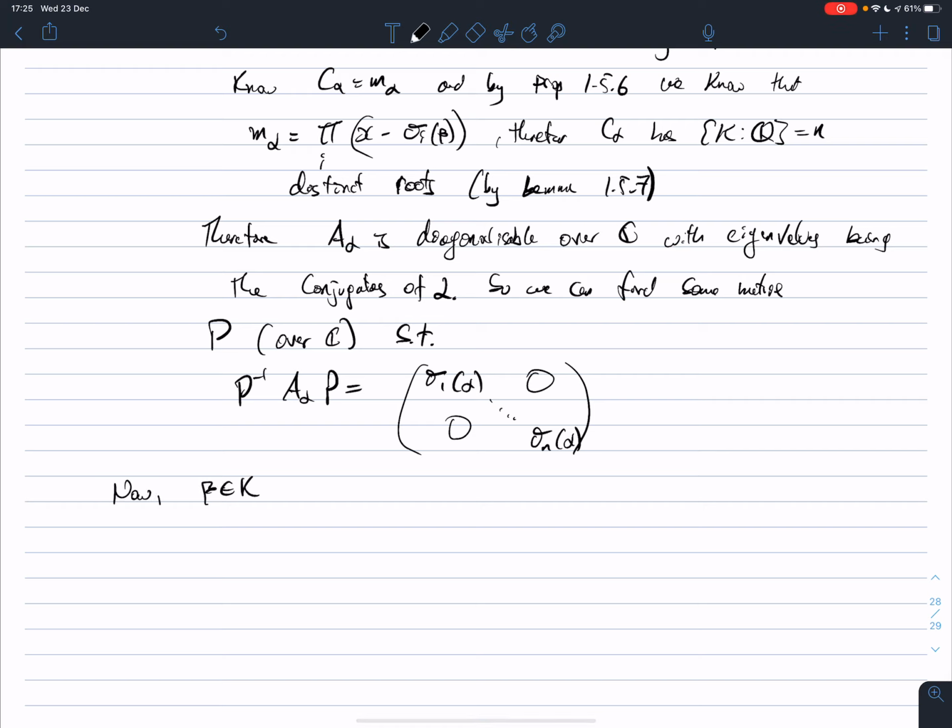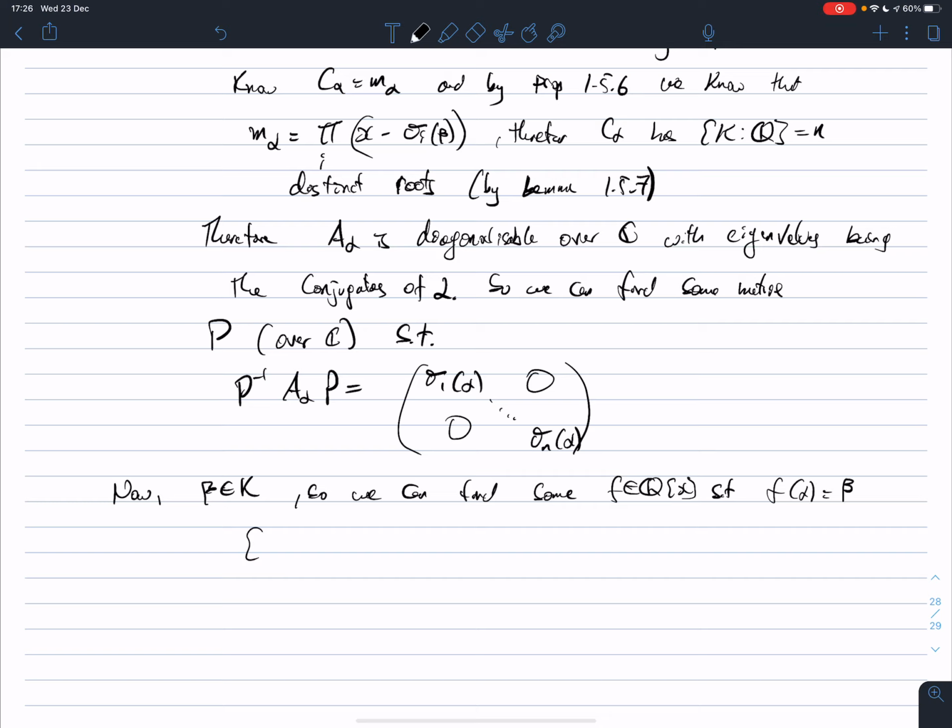Now beta is some element in K, so we can find some polynomial f in Q[x] such that f of alpha equals beta.